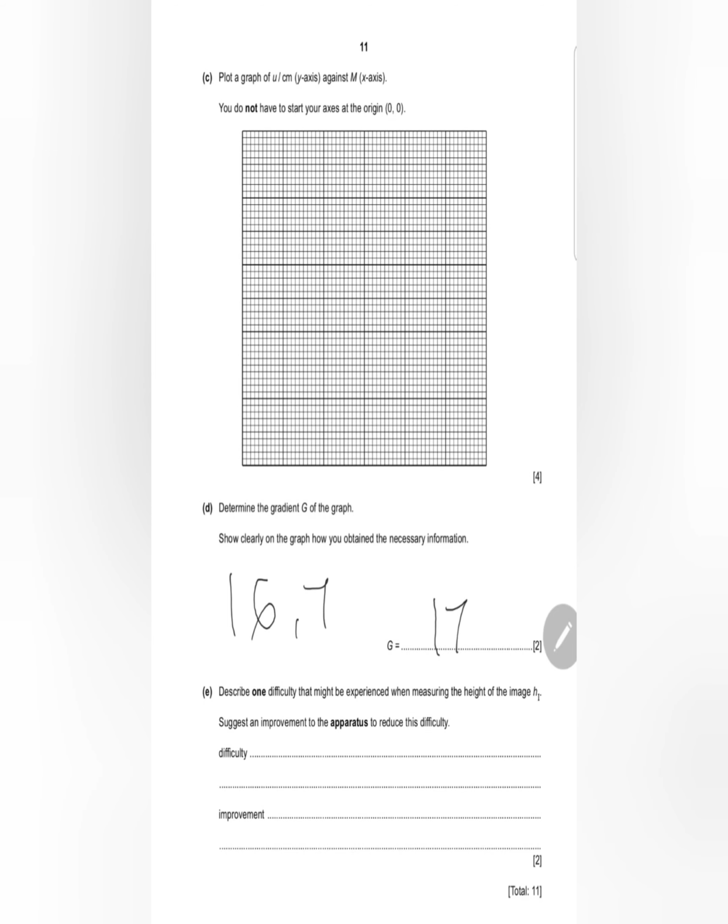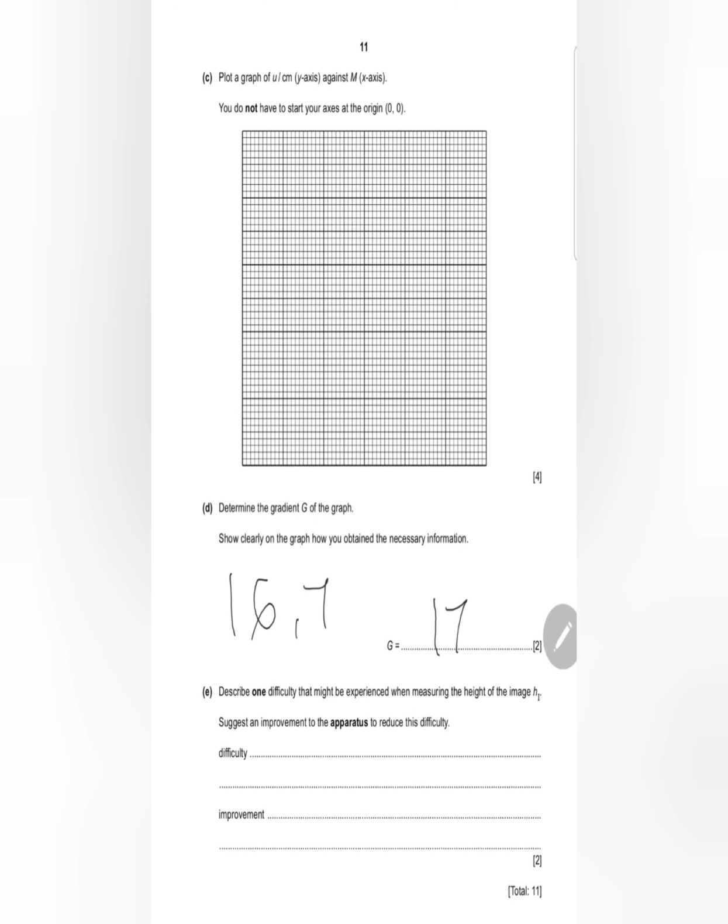Then the next part says, describe one difficulty that might be experienced when measuring the height of the image H1. Suggest an improvement to the apparatus to reduce this difficulty. So one difficulty that we might face is that it might be difficult to accurately measure the height of H1 because it is too small.